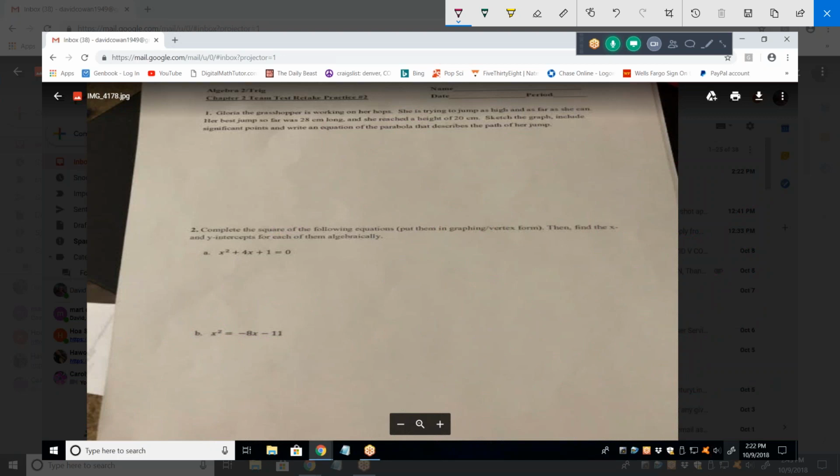Okay? All right, let's look at B. Same thing. Complete the square and do everything: find the vertex, graph it, and find the x and y intercepts. What's the first thing we should do? You want to get everything over by the x squared.